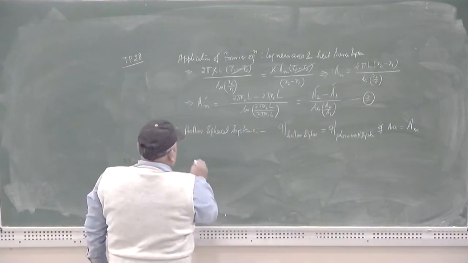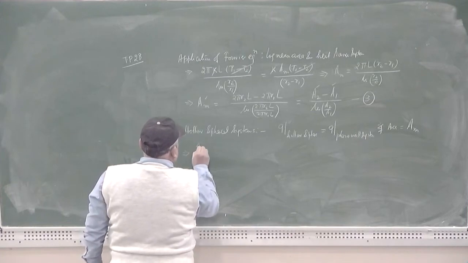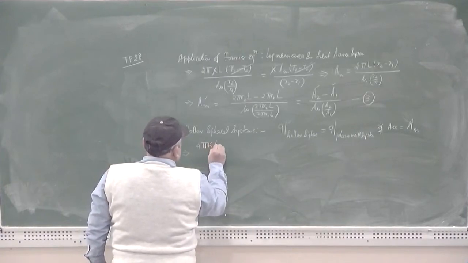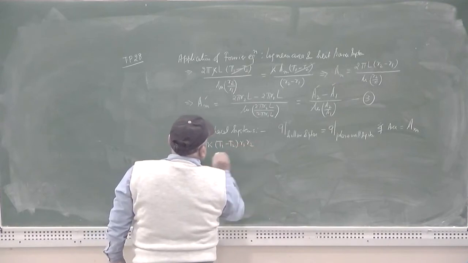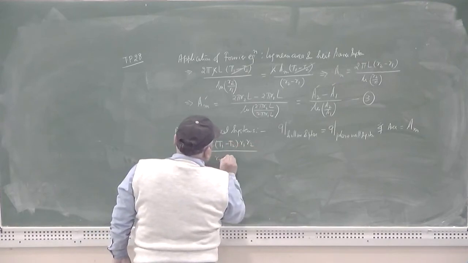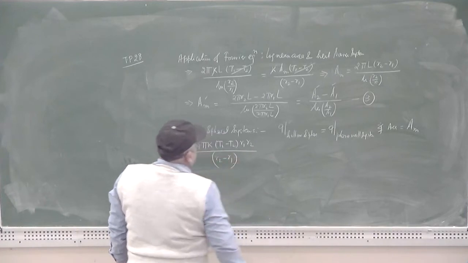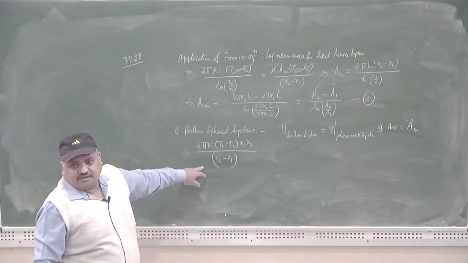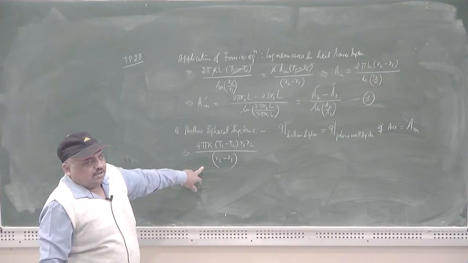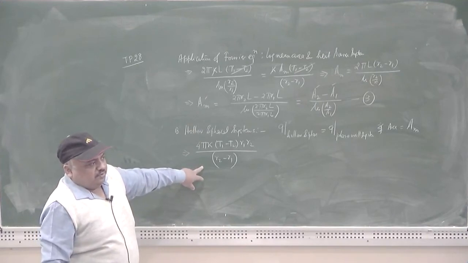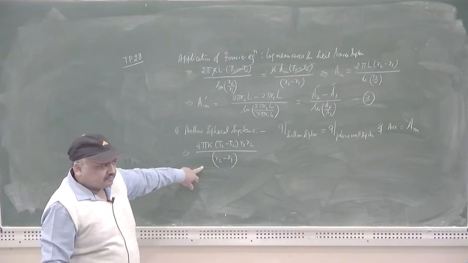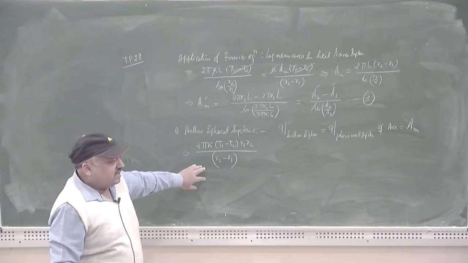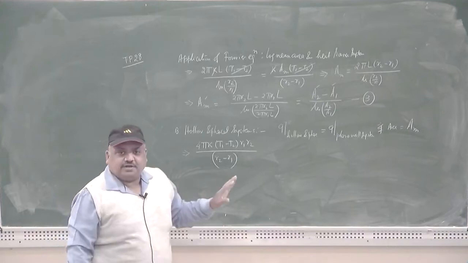So, Q in the case of the hollow sphere may be given as 4 pi K (T1 minus T2) R1 R2 divided by R2 minus R1, that I have given you in the previous classes. In the case of hollow sphere, this is the expression for the heat flow rate by utilizing the Fourier equation for the radial system without any heat generation.